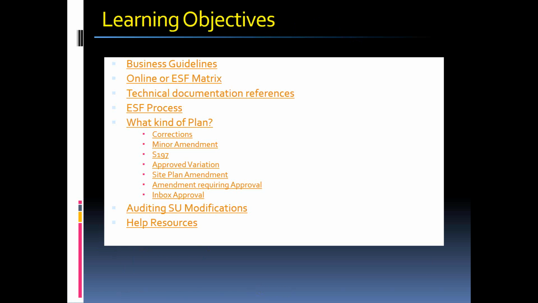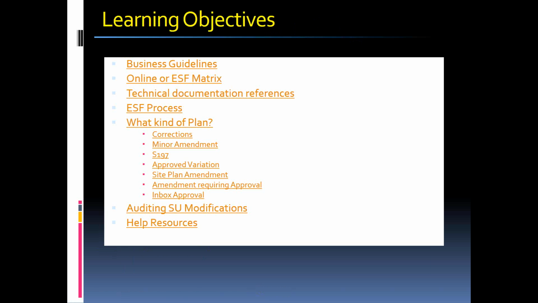So today what we're going to talk about is I have to provide you with background information about our key documentation, an overview of the difference between online and ESF with respect to standards unit modifications, and point to any technical documentation that will help out with deciphering problems you might have when you start doing your submissions.